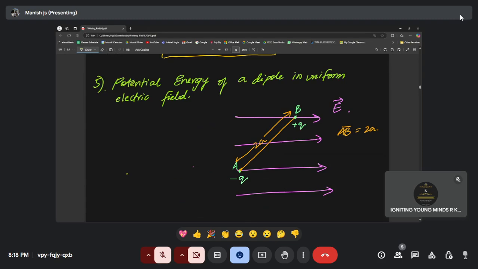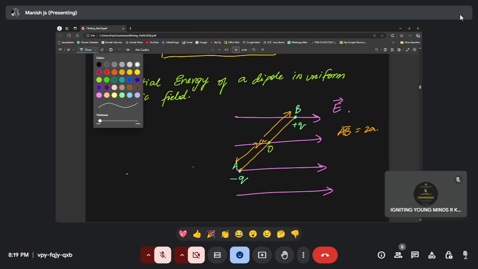Now, whenever a dipole is placed in uniform electric field, we have learned in the previous chapter that it is subjected to torque, right? The turning effect of force is called torque. The center of the dipole is this point O. The plus Q charge at B is going to experience a Coulomb's force F is equal to Q into E in the rightward direction.